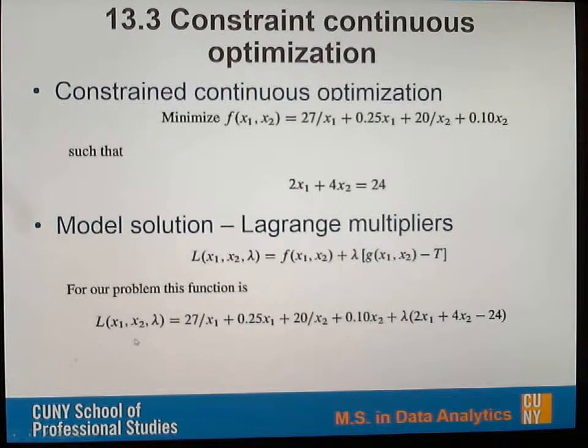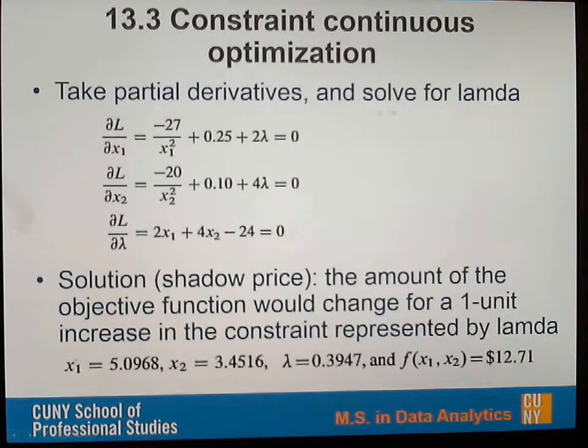So this is the function. Again, we can take partial derivatives and set them to 0, and we can solve for lambda and x1 and x2. And this is the objective value, which is 12.71 for this particular case.